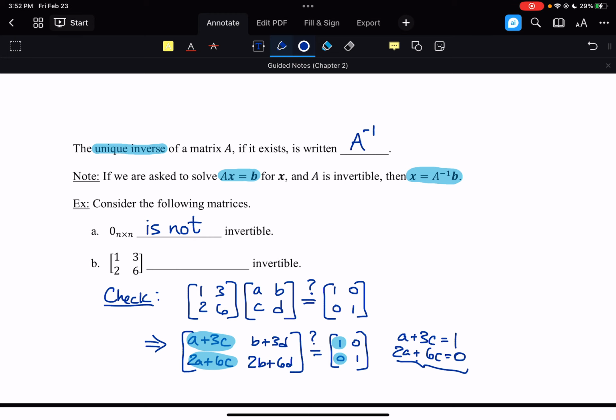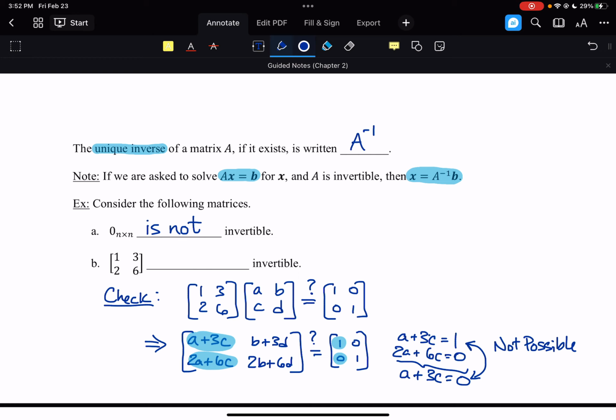But this expression, if you simplify, that gives us A plus 3C equals 0. But A plus 3C is supposed to also equal 1. And this gives us a contradiction, so this is not possible.